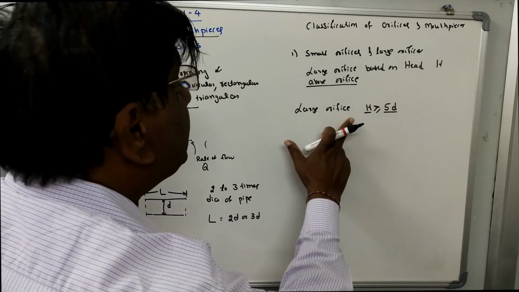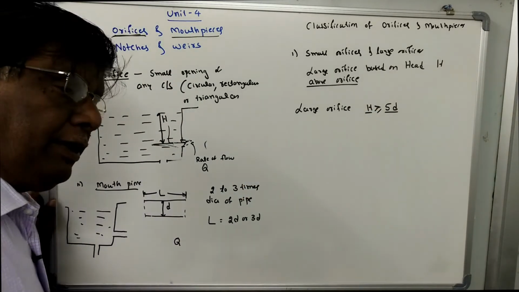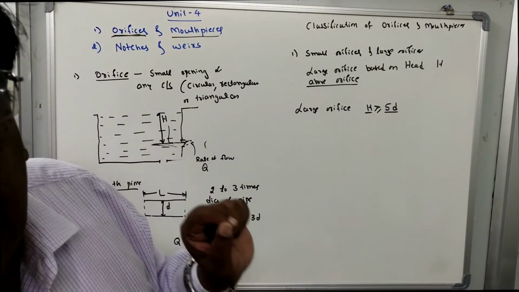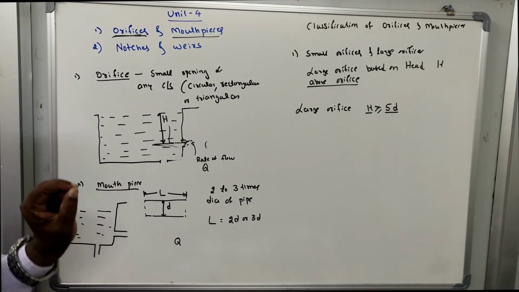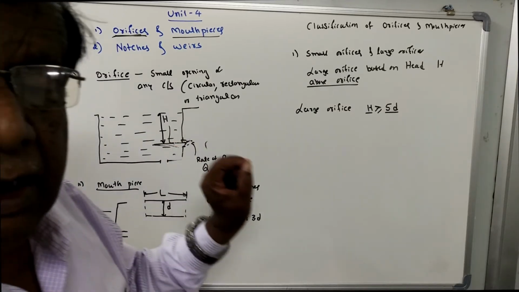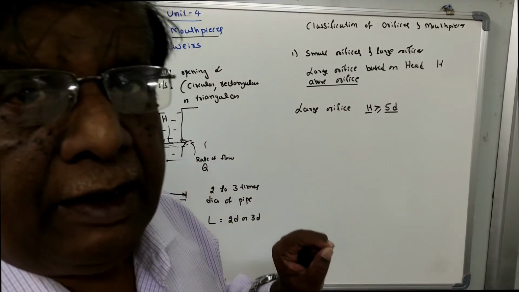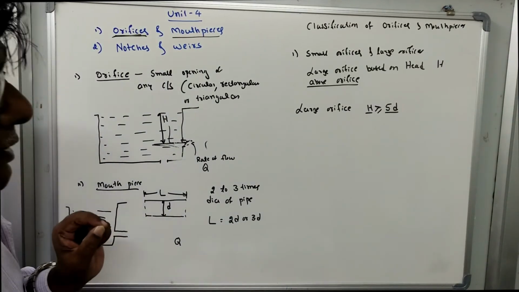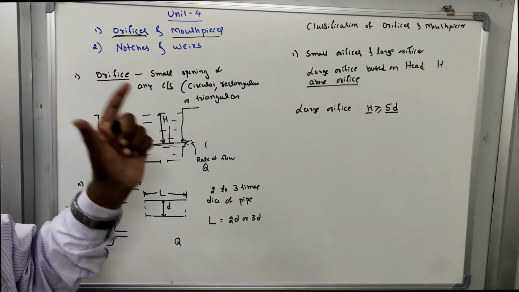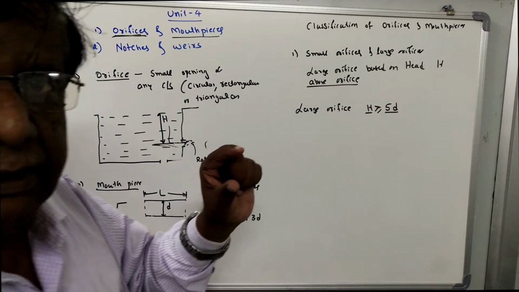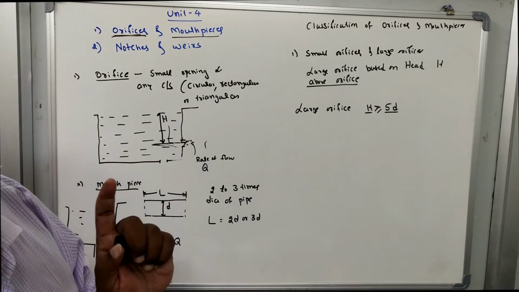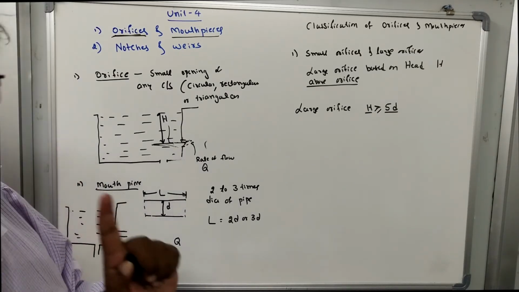Okay, you can say whether it is a large orifice or a small orifice depending upon the head above the orifice. If the head above the orifice is 5 times the diameter of the orifice, if it is a circular orifice, or if it is rectangular, 5 times its height, that type of orifice is going to be called the large orifice.